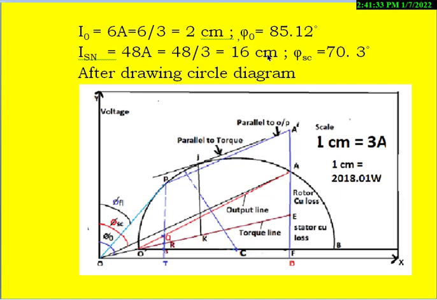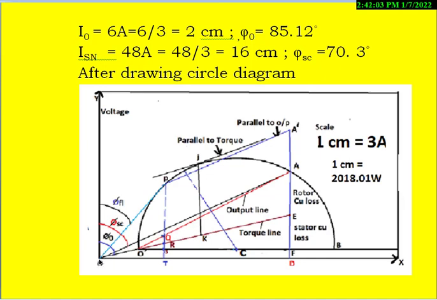Draw a line OA dash, which is equal to ISN, that is 16 centimeters, at an angle of 70.3 degrees with respect to the applied voltage, that is this. So we represent this phi SC here like this.